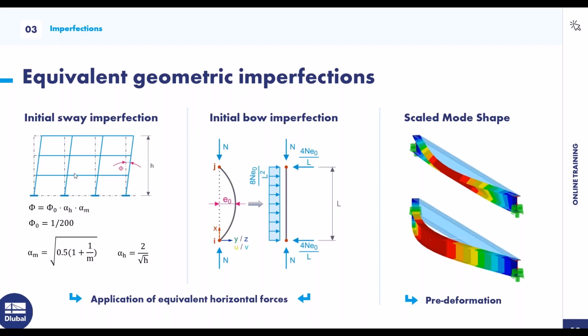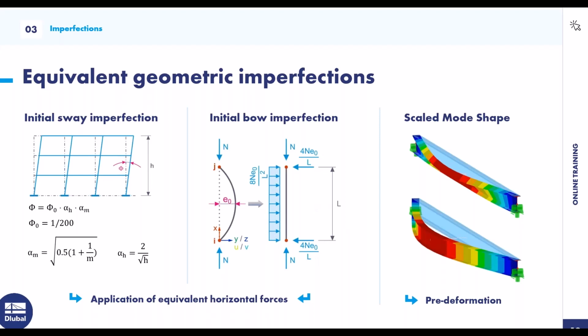On the left side of the graphic, you can see the initial sway, the global imperfection that can be applied to the structure. And if individual components are to be examined more closely, there is the local equivalent imperfection, for example, an initial bow imperfection. This depends on the selected profile, the yield point, the buckling curves, and the proof method.